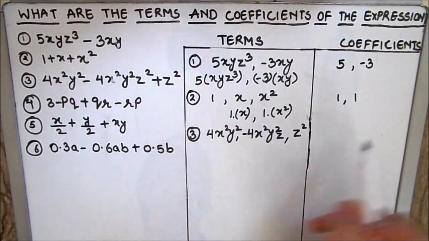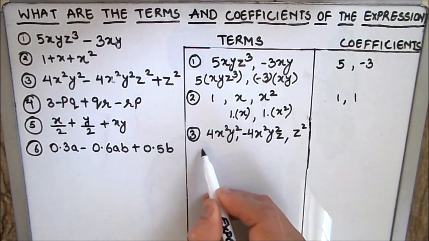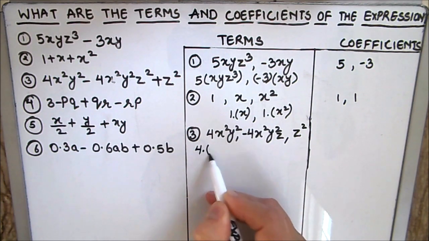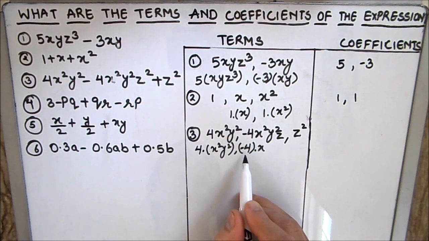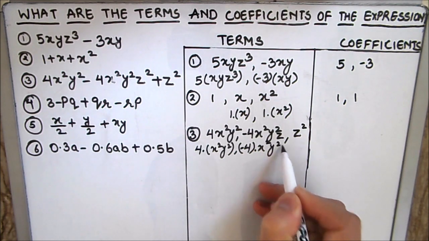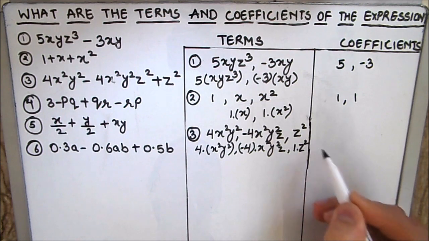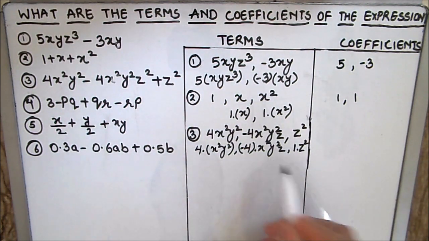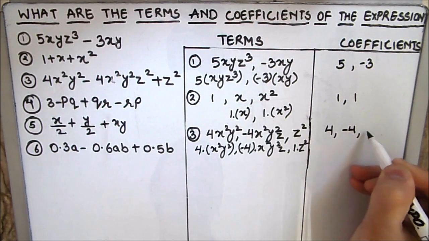So for the coefficients, the first term is a product of 4 and x square y square. The second term can be seen as a product of minus 4 and x square y square z. The third term can be seen as the product of 1 times z square. So we have the coefficients as 4, negative 4 and 1.